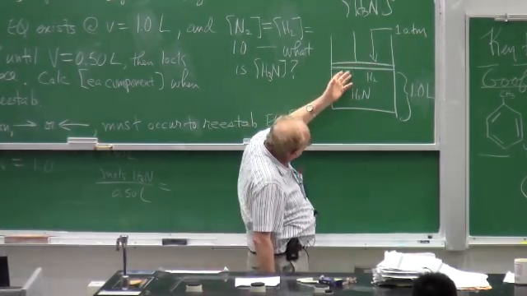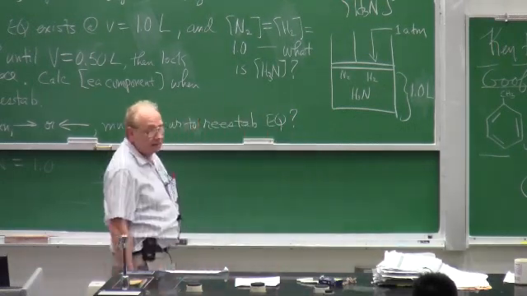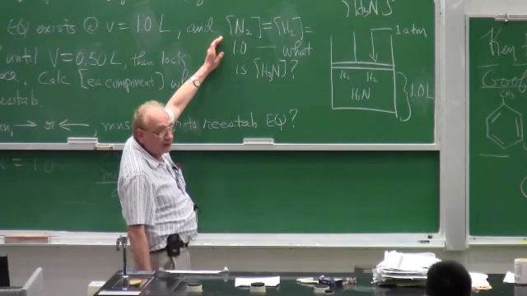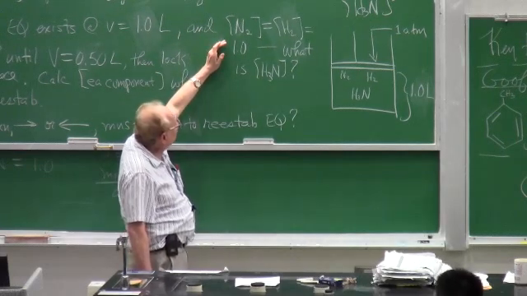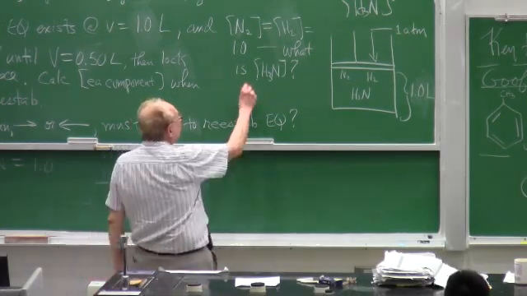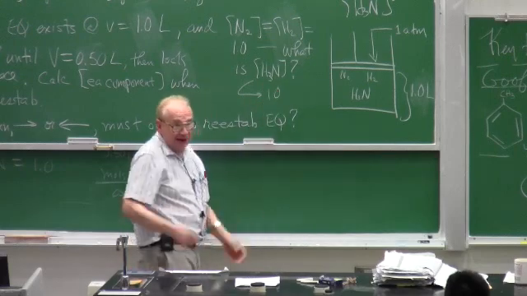And the internal volume of the cylinder is 1.0 liters. So if all this is true, and I find that the nitrogen and hydrogen molarities are equal and they're each equal to 1.0, what's the ammonia molarity? What is it? 1.0. Can't be anything but.